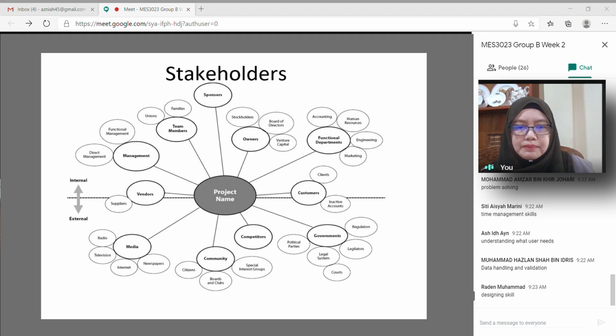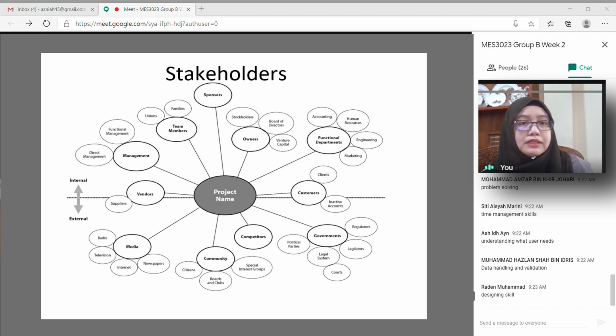So what else? The external people. That is quite far, but maybe closely related, maybe indirectly related. Okay, we have here government. So the government, the regulators, maybe like the city council, the police, the fire department, something like that. We can have people like halal certification from Jakim or something like that.